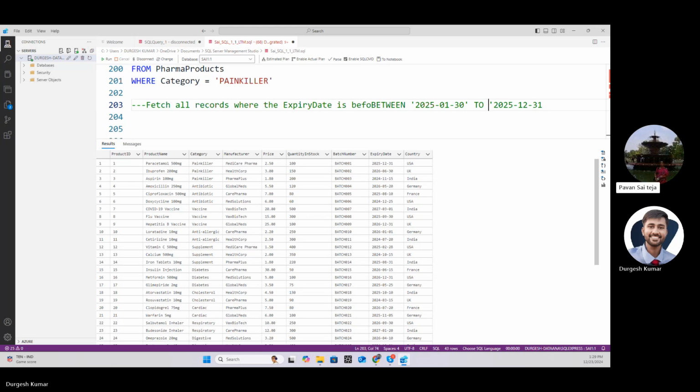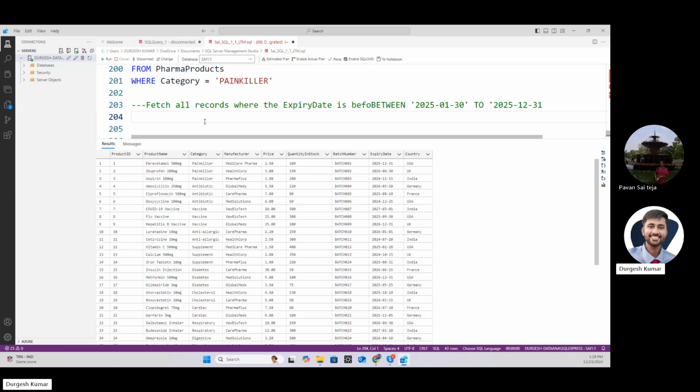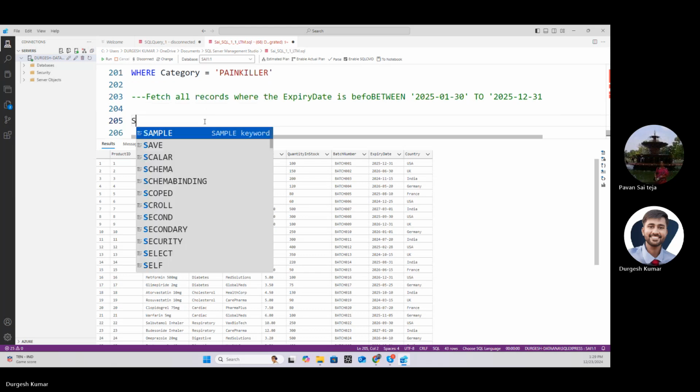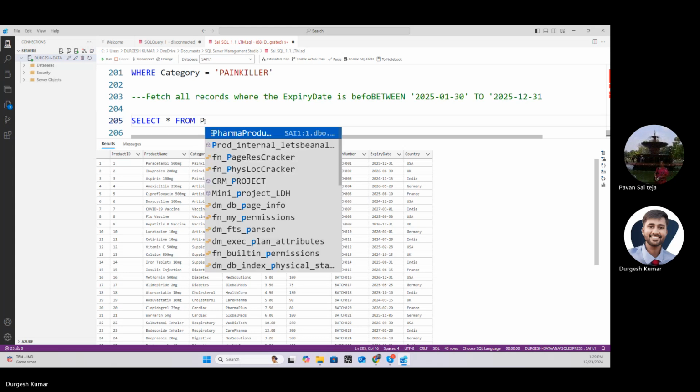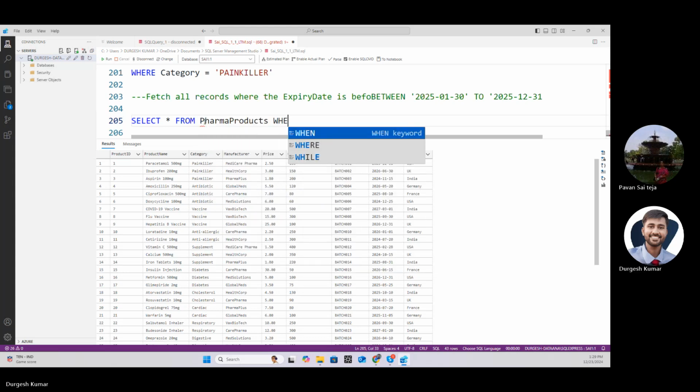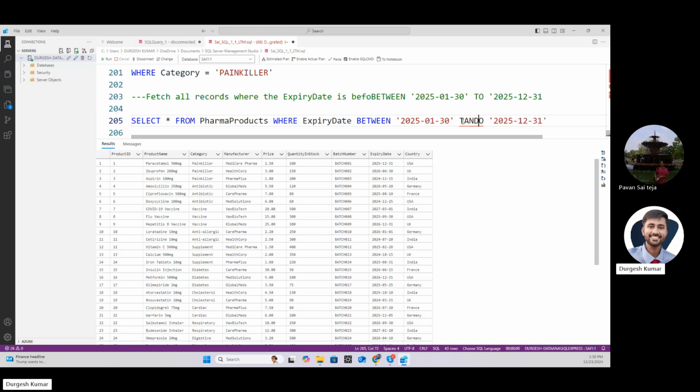We can write between, right? So here you actually use an and clause.